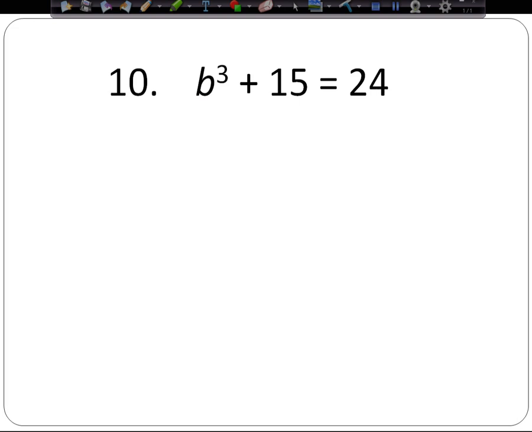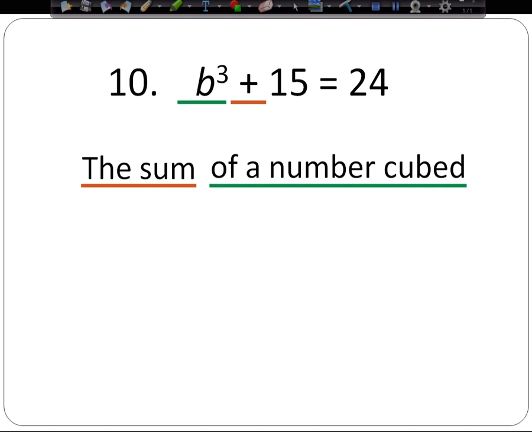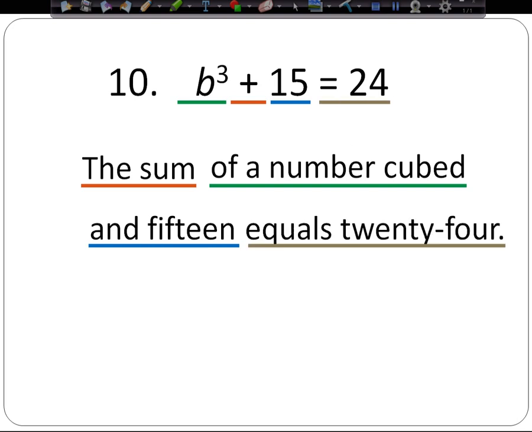All right, number 10, you have b to the exponent of 3 plus 15 equals 24. Make sure that you have this example written down. Let's break that apart. We have the plus sign in the middle, and we're going to say the sum of a number cubed, and 15 equals 24.